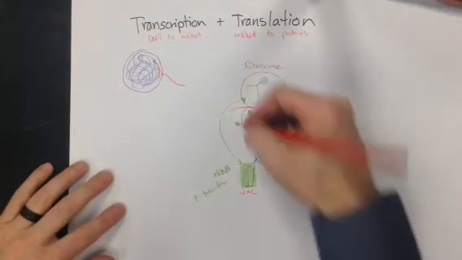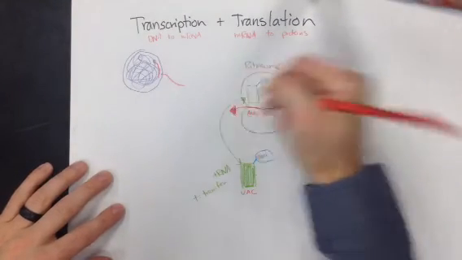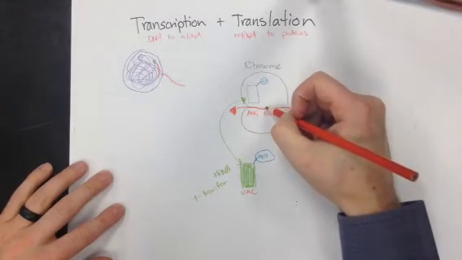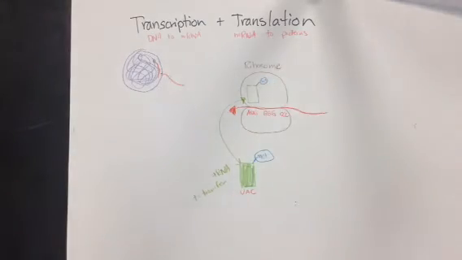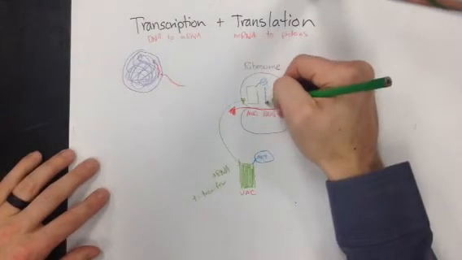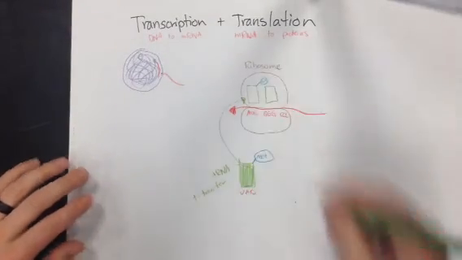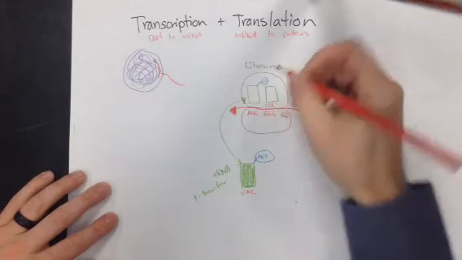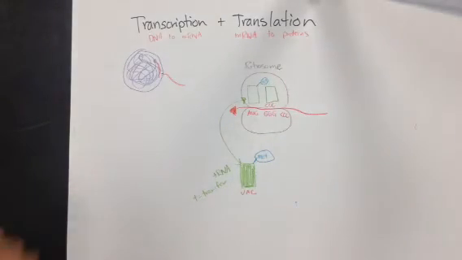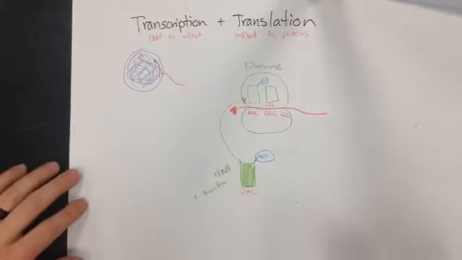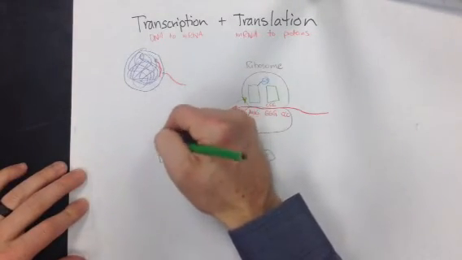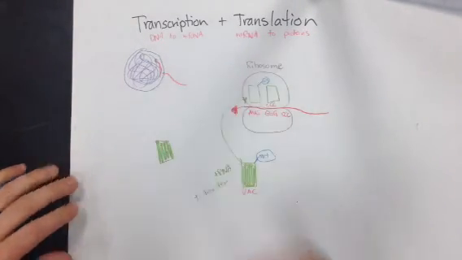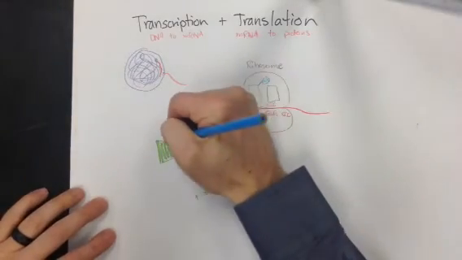This red will then slide to the left, and we have the next codon. Transfer RNA will come in. Its anticodon will be CCC, since that is opposite of GGG. It knows that that amino acid is going to be glycine, so it will go and pick up glycine.